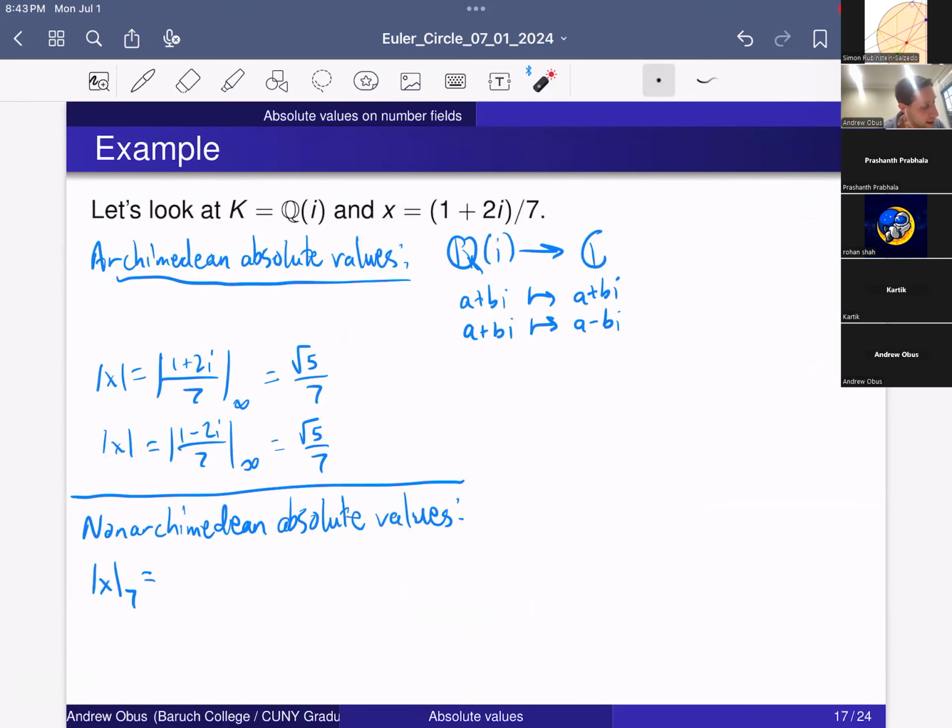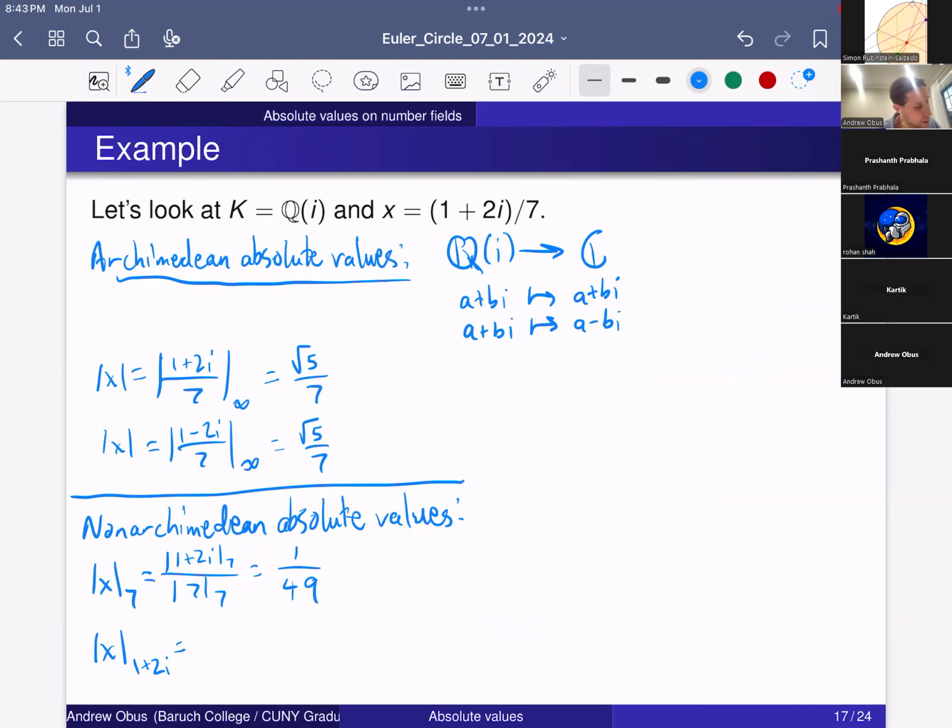So the 7-adic absolute value of x is going to be that of (1 plus 2i) over 7. By abusive notation, we'll call it the 7-adic absolute value on Q adjoin i over 7 adjoin 7. And this is actually going to be 1 over 49. Okay, so this is what we're going to get for the 7-adic. Then we're going to have this (1 plus 2i)-adic absolute value for x.